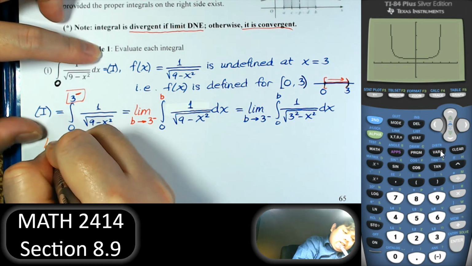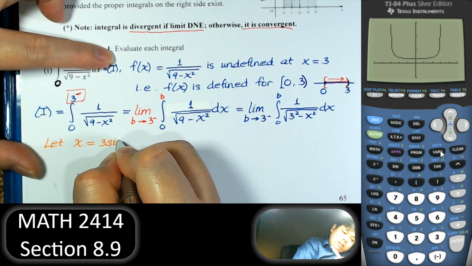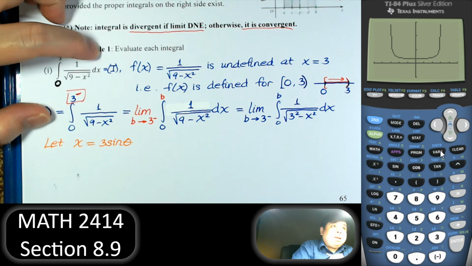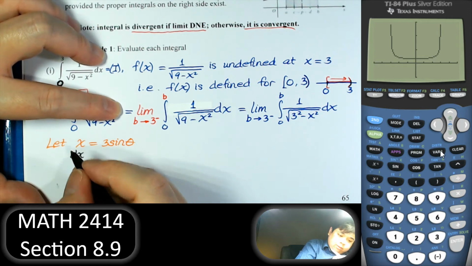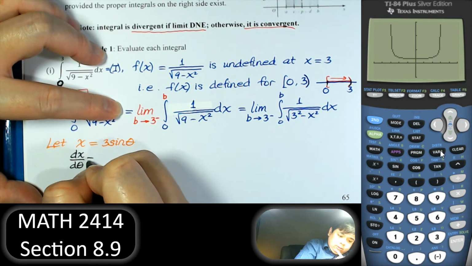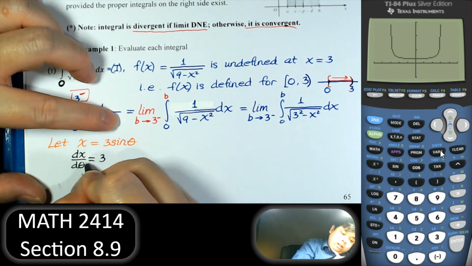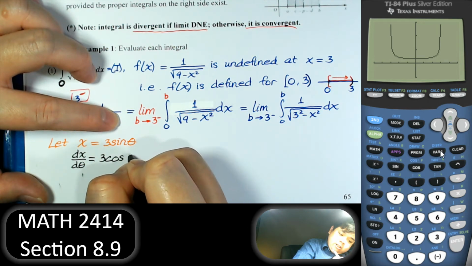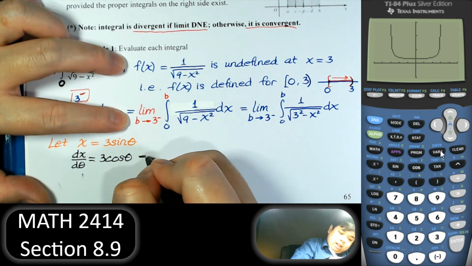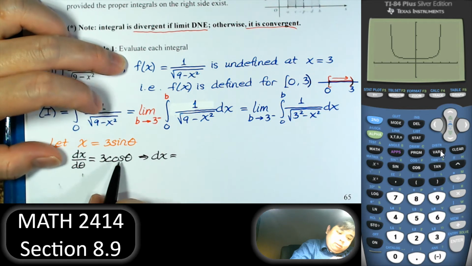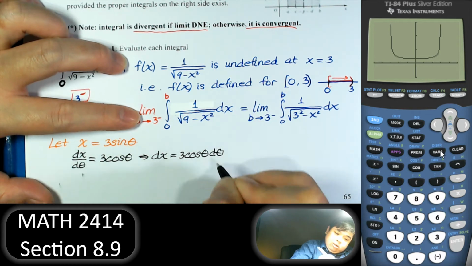So let x be 3 sine theta. And then we'll take the derivative. Let's hope I have enough space here. The derivative is 3 cosine theta. A is 3, so that's why 3 sine theta and 3 cosine theta. And then dx is 3 cosine theta d theta, right?